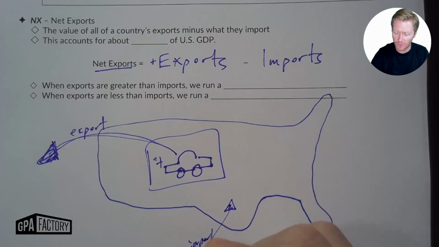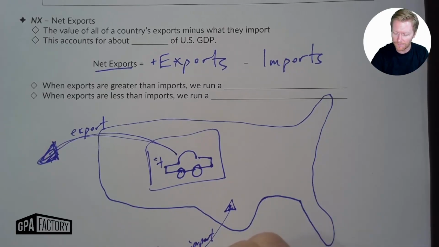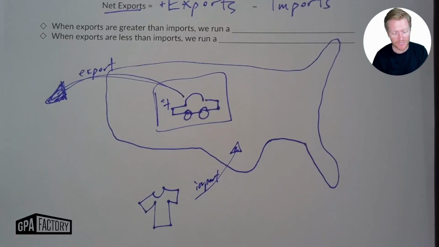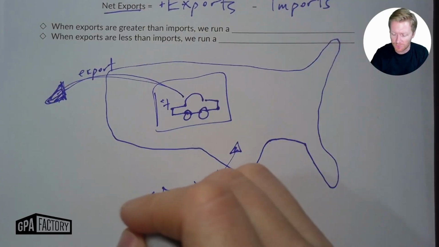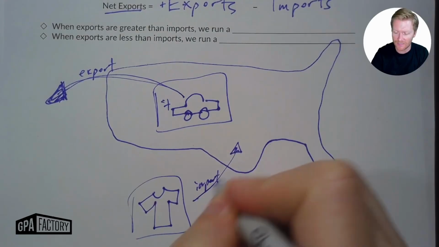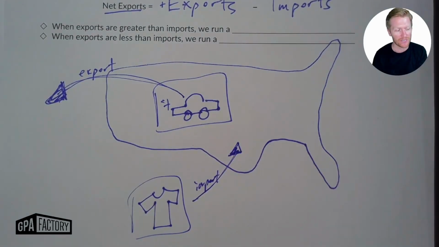Maybe a t-shirt was imported. That import of the t-shirt would probably be added to consumption spending, but we actually need to subtract it off because it was produced outside of the United States and then money was spent on it in the United States. Those imports we actually have to subtract off because it was not produced within the United States.